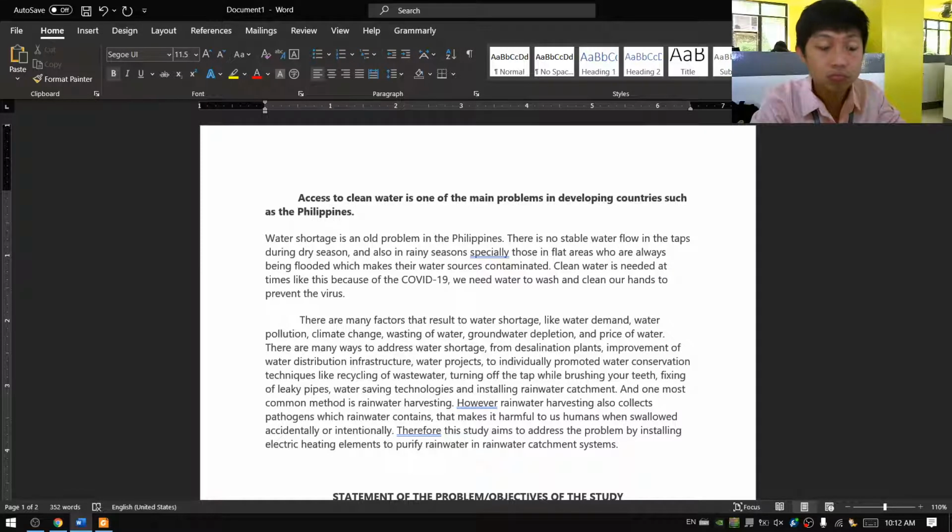So, the arguments made. Access to clean water is one of the main problems. One of the main problems. I'm not saying it's the main problem. I'm saying one of the main problems.